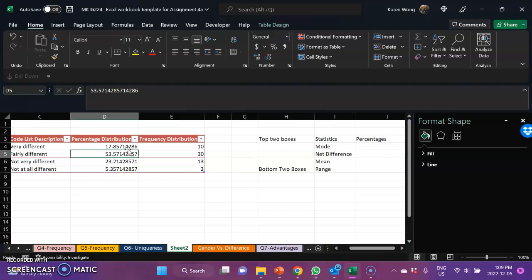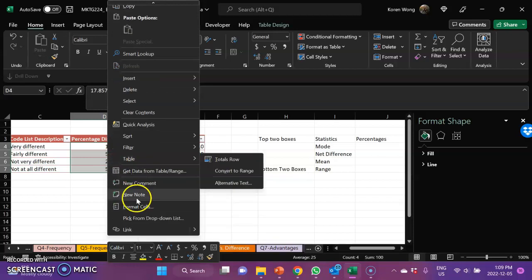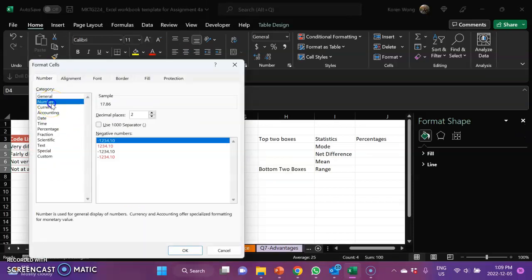So how you calculate the top two boxes, what I first usually do if I see the data looking like this, I will first change the percentage distribution back to whole numbers. So how you would do that is first you right click, you format the cells, and you go back under the number row from decimal places, you change it back to 0.